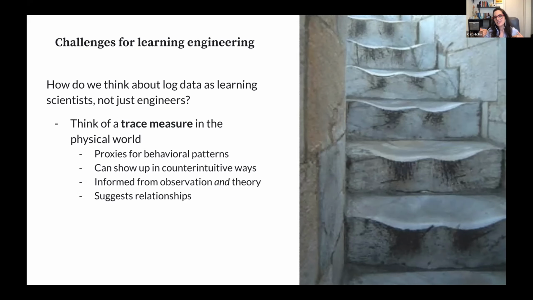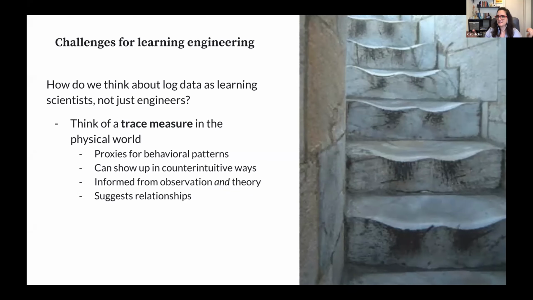And an example that I really like to talk about is this old staircase. You can imagine that you're in an old building and you're looking at this staircase and you might take away some engineering insights from what you see here. You can see that it's built to transport you up in space, that there are constraints about fitting it into the hallway, but there's also a way that people's behaviors have interacted with and changed the environment.